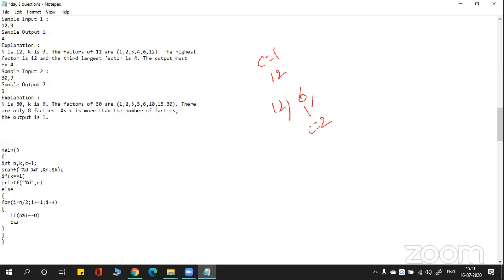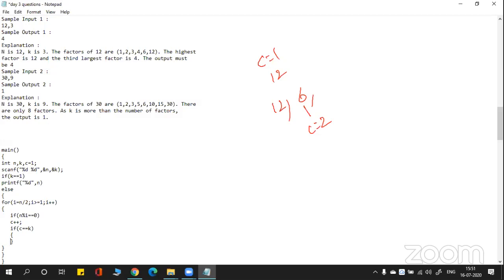So after incrementing c++, what should we check? We should check whether this count is equal to k or not. If the count is equal to k, then what should I do? Then I should print that particular number.